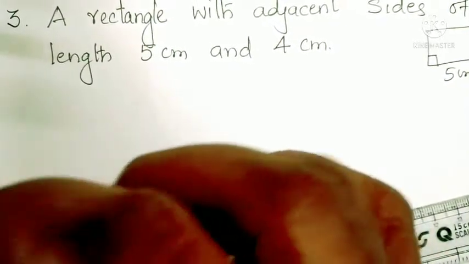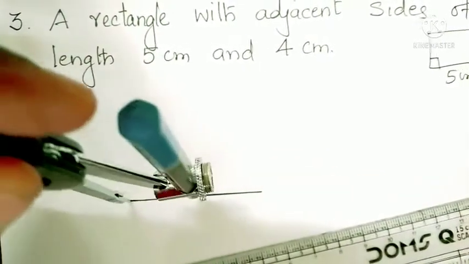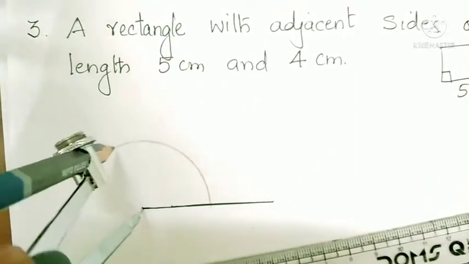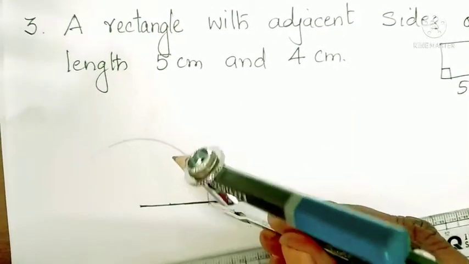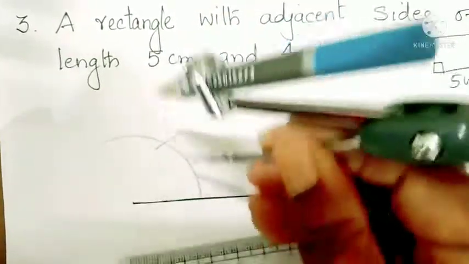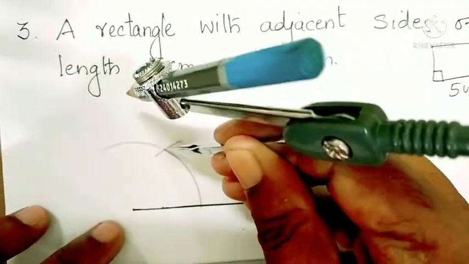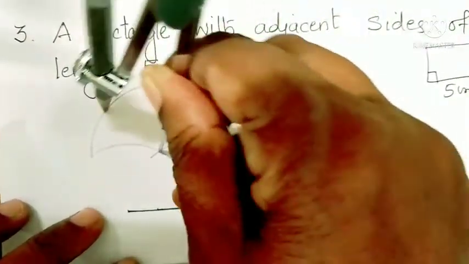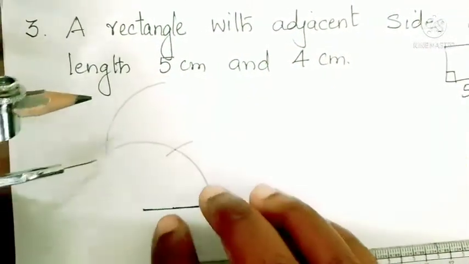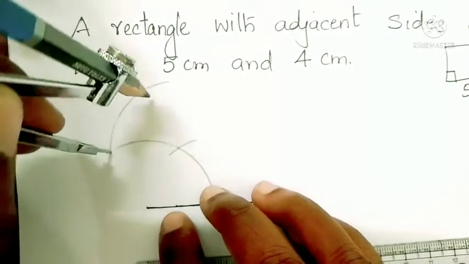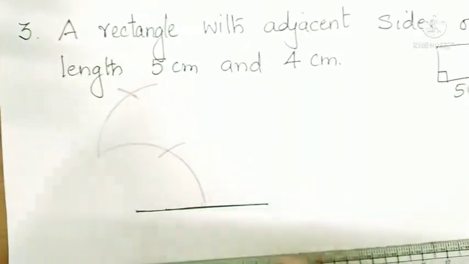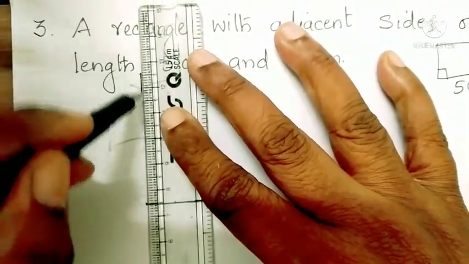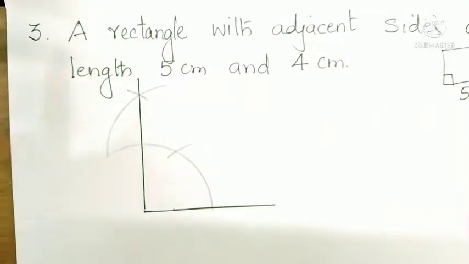Now I am not going to explain, you can just watch it, because we have made it so many times. So first arc, second arc, third arc to make longer one, and then to cut it by the fourth arc, join it.